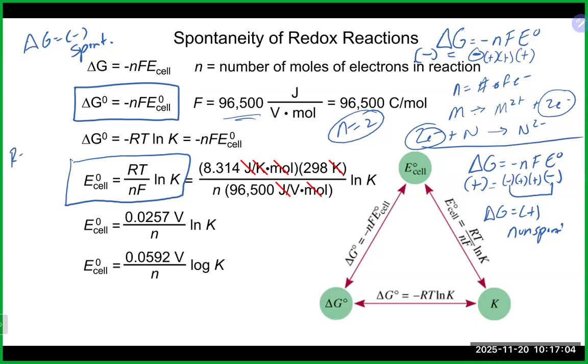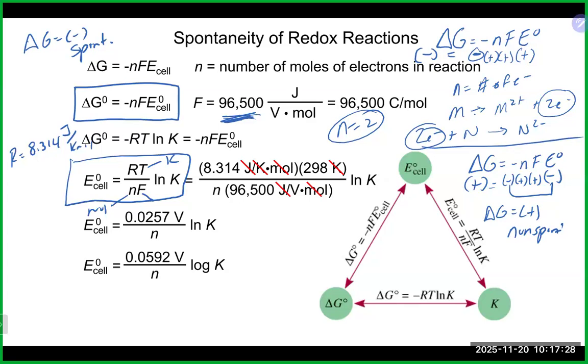This is our R value, our gas constant that has energy, so it's the 8.314 version of it. T obviously is in Kelvin, N is our moles, and F is our Faraday's constant, which is the same Faraday's constant that's above there. So, these things also kind of relate to each other.